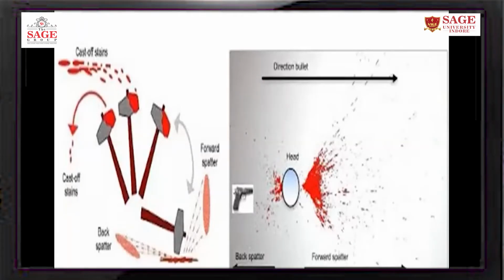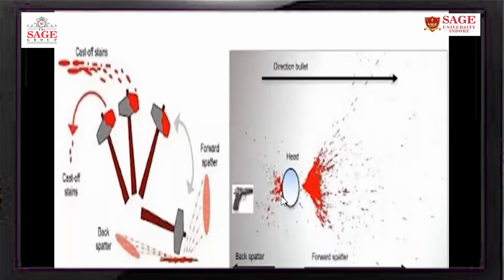If you see the second example, it is the direction of a bullet. The bullet is entering the body. This is the body, the forehead. This will be the entry wound. The bullet will penetrate from here. It will cause a little back spatter. Once the vessels are ruptured, there will be some loss of blood.